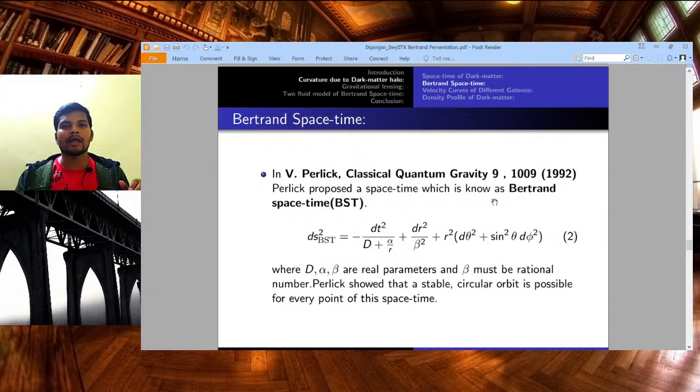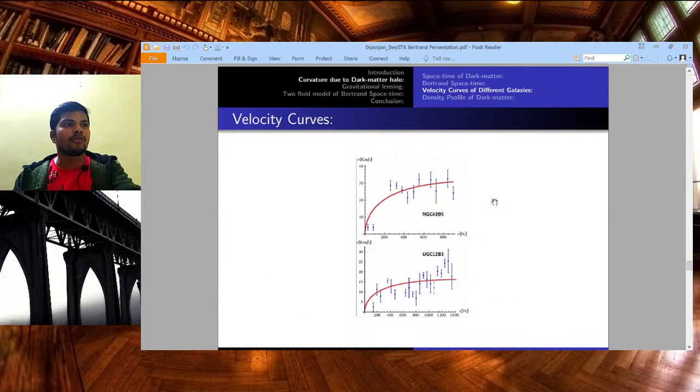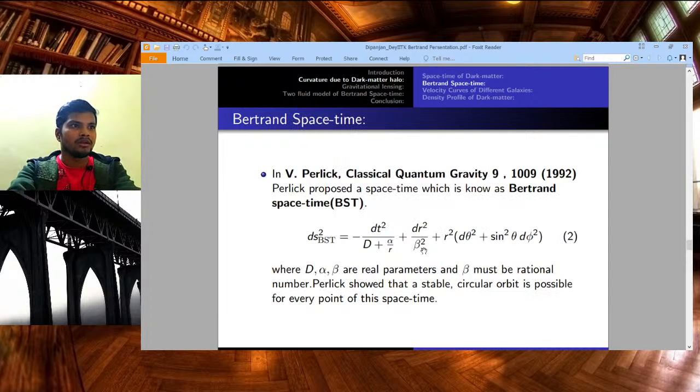And he calculated everything, what the velocity can be, and this velocity he matched with some astrophysical data, and it was simply maintained with the help of this metric. You can see here this four-time metric, and this is some beta, and beta is a rational number in terms of pi, and it has to be a rational number.